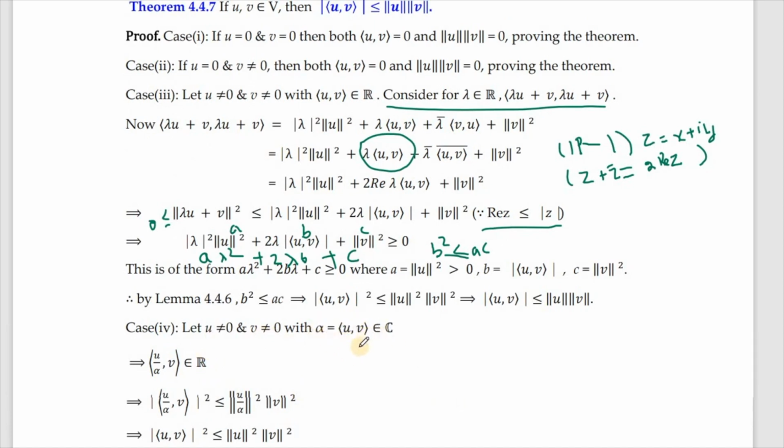So when this is a complex number, naturally inner product U by alpha with V should be a real number.